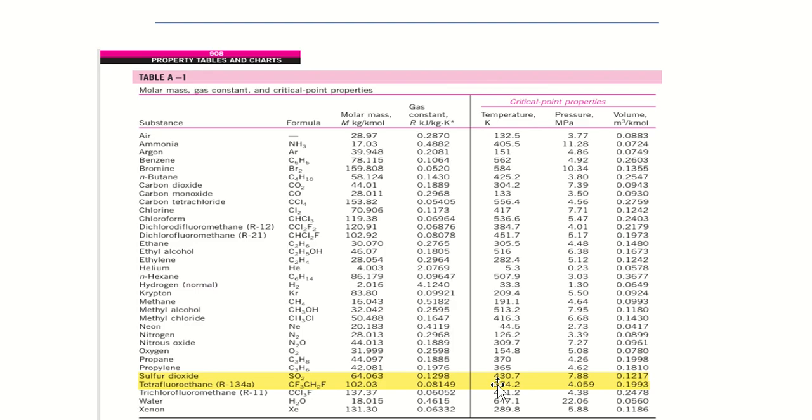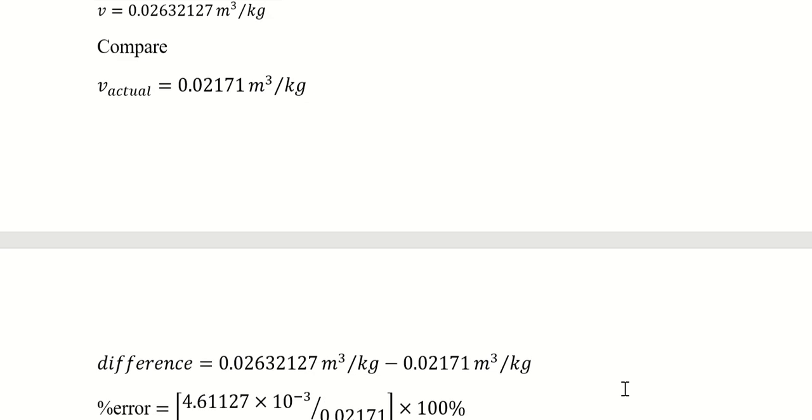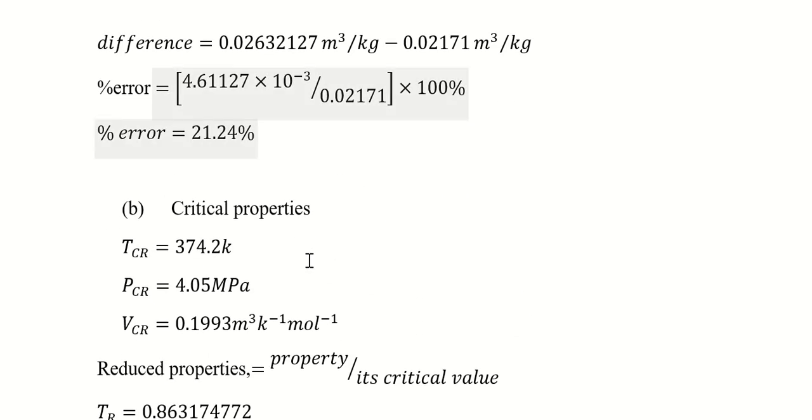You're just going to copy them: 374.2 Kelvin, 4.059 megapascals, and 0.1993 meters cubed per kilogram. You'll write them all right here. These are the critical properties.